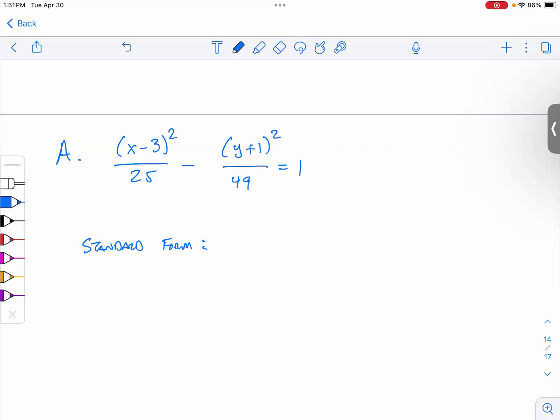So this is almost already in standard form. Again, I'm going to start with the base one here.